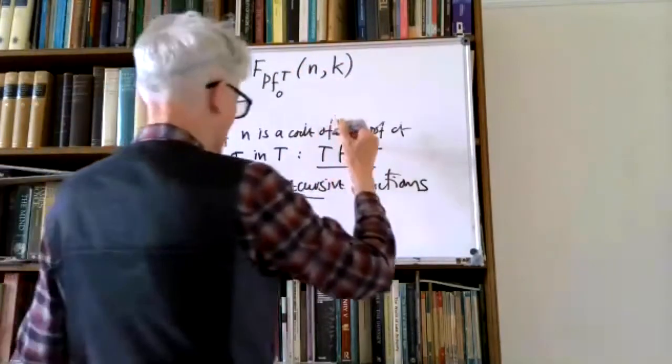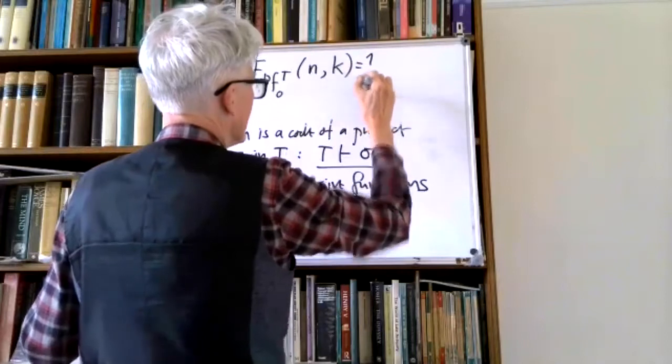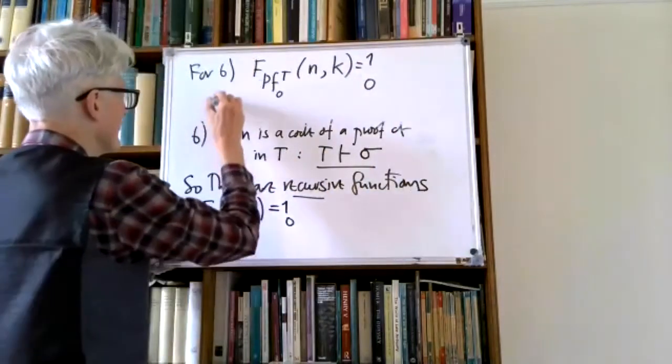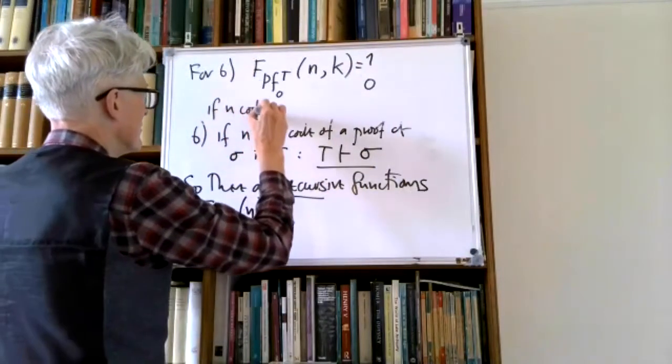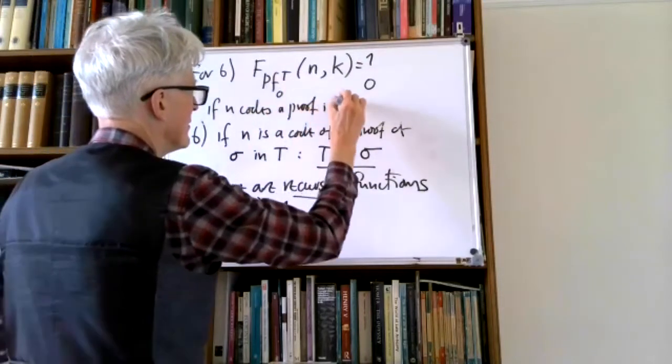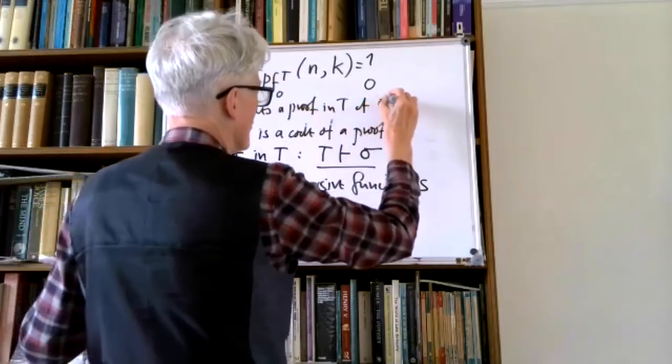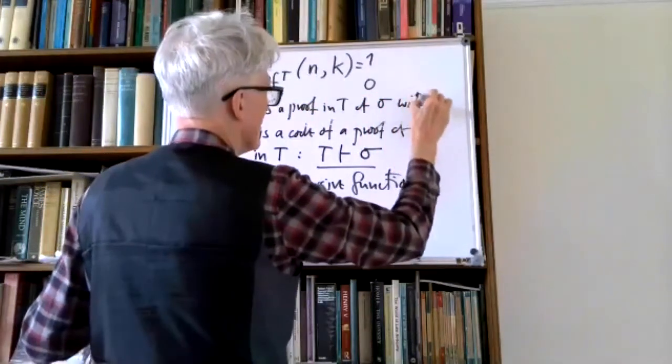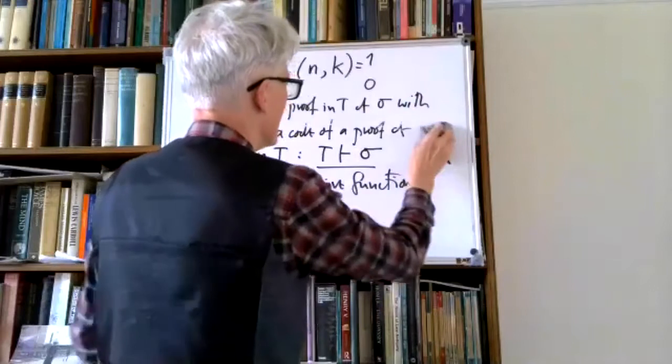And K, again, is 1 or 0, if n codes a proof in T of sigma, and the Gödel number of sigma is K.